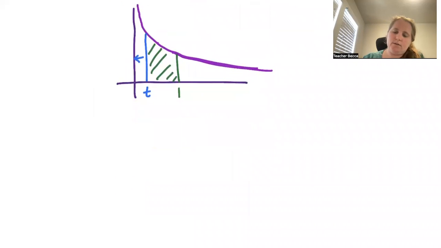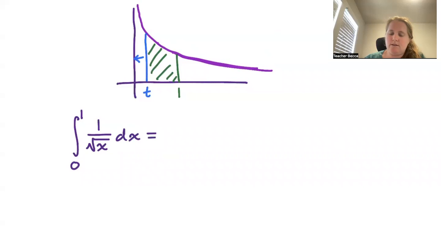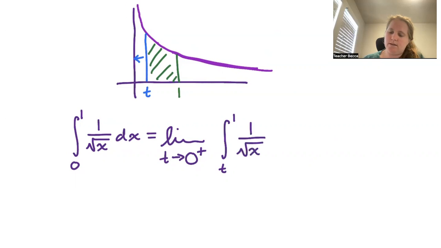And then we will let t head to 0. So we have our definite integral from 0 to 1 of 1 over the square root of x dx defined as the limit as t approaches 0 from the positive side of the definite integral from t to 1 of 1 over the square root of x dx.